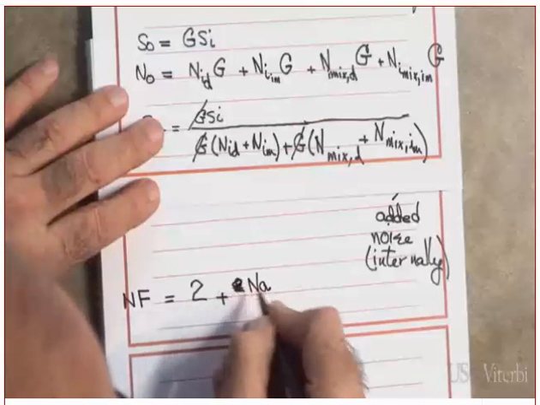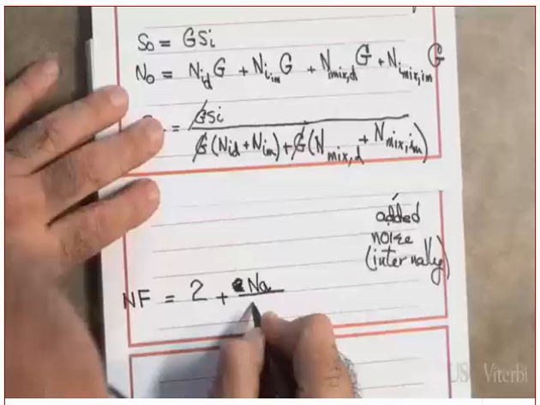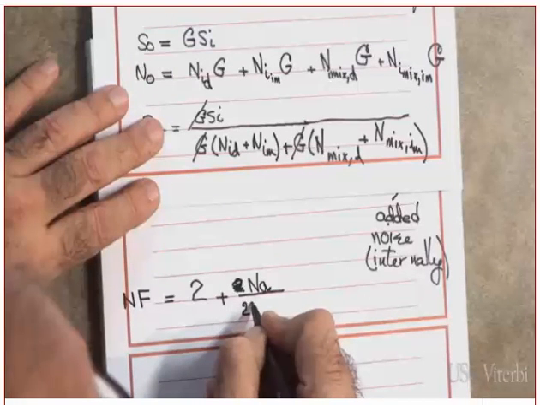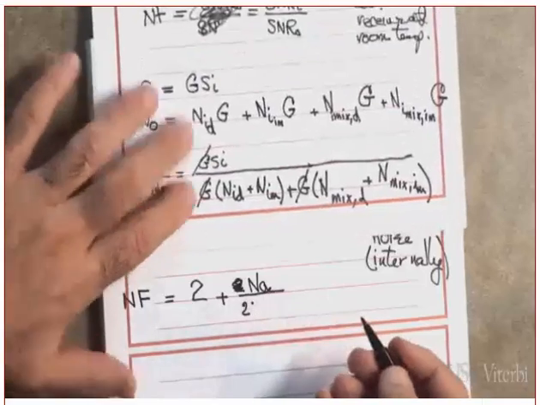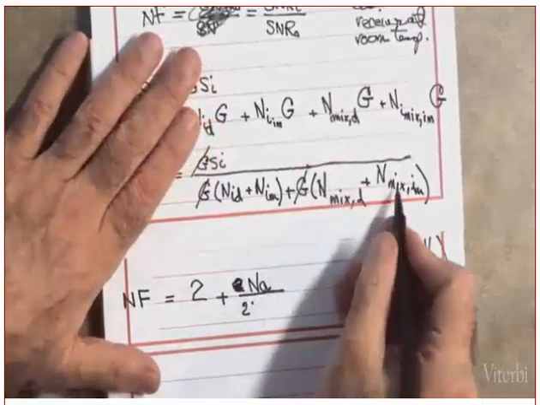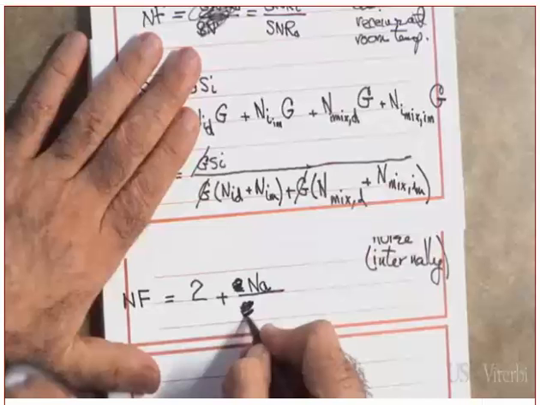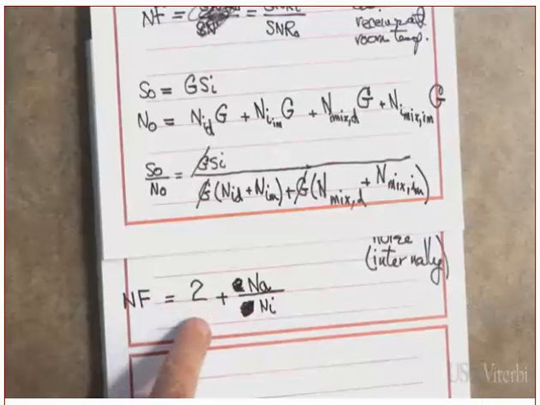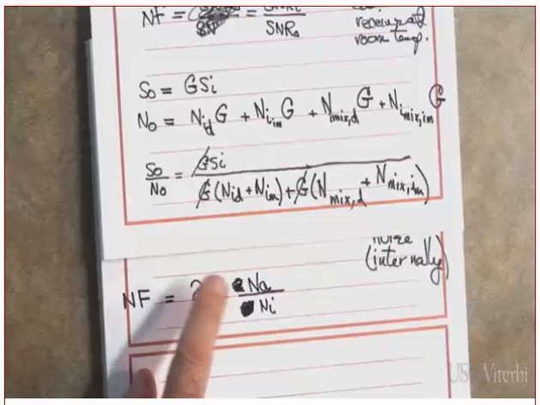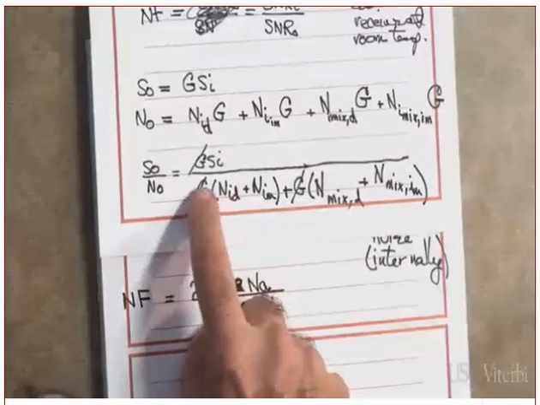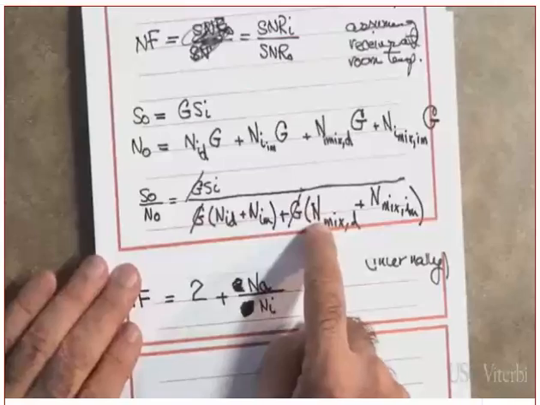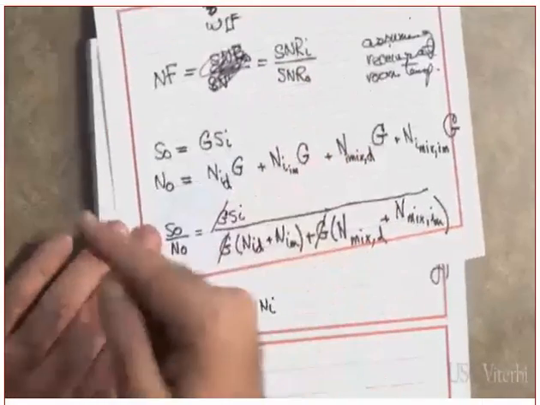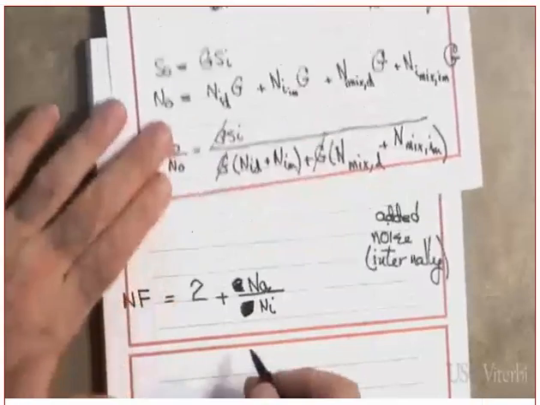Sorry, there's no 2. N_A over N_A, this plus this over N_I, which is the input noise. Did you answer where the 2 came from? Where is the 2 coming from? I have 2 here, 2 here. So when you divide the SNR_I over the SNR_0, you will have a 2. Which means what?